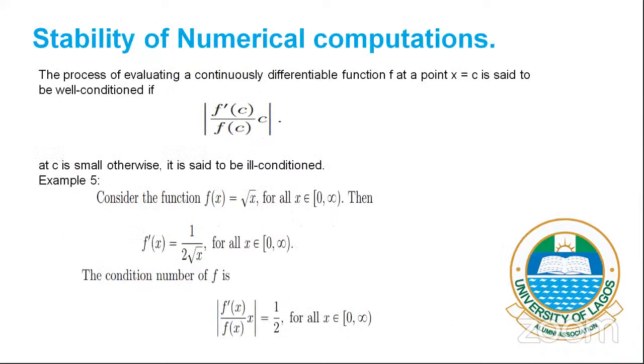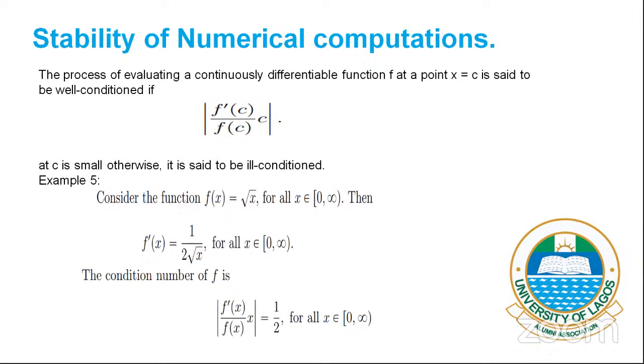So, stability of numerical computation. The process of evaluating a continuous differentiable function f at a point x equal to c is said to be well conditioned, based on this formula, where c is like the image. Otherwise, if it is small, it is said to be ill conditioned.